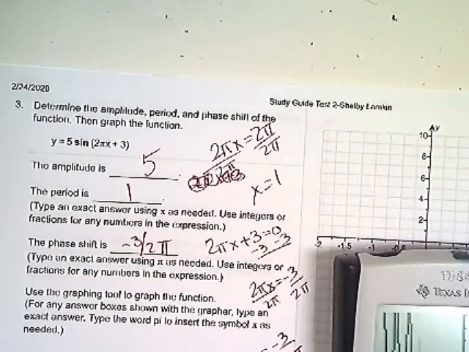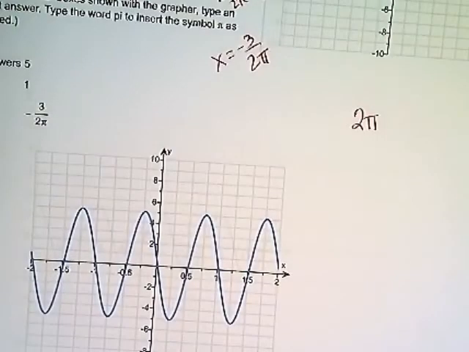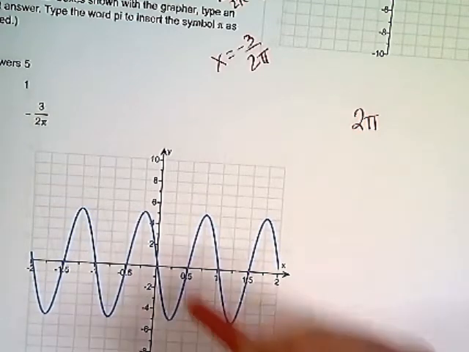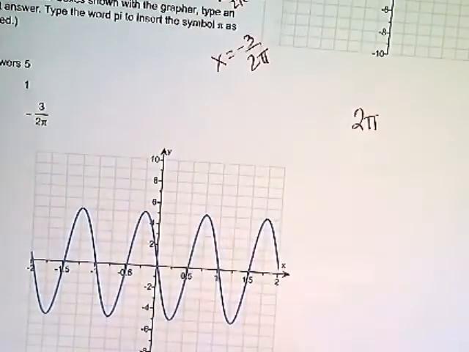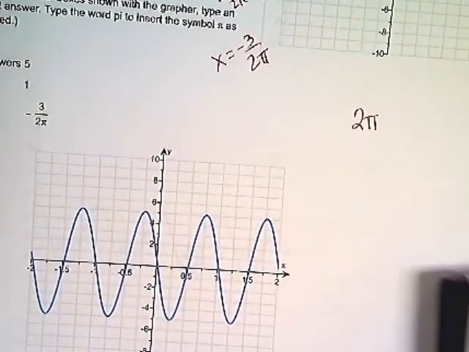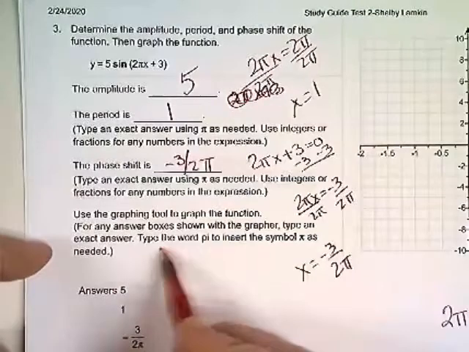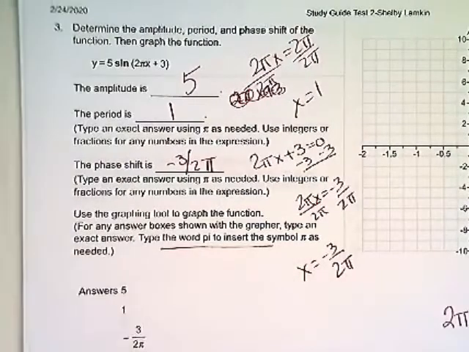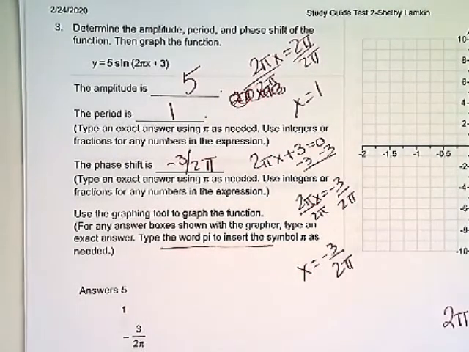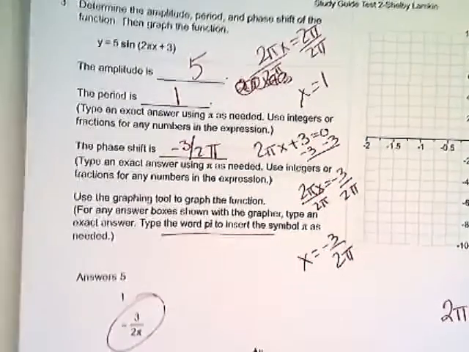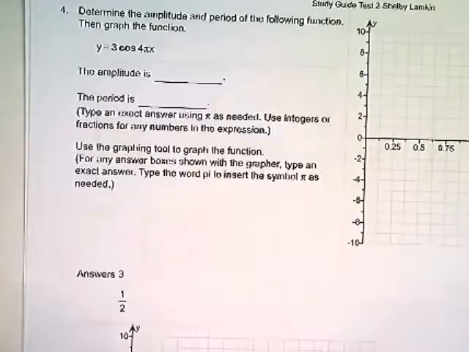There it goes. Okay, so it's busier. It's going to look like this. If you choose sine and you tell it that you want it to have an amplitude of 5, a period of 1, and enter your phase shift. Note right here, you may need to use the word pi instead of the pi symbol when you're putting in your answer for your phase shift.